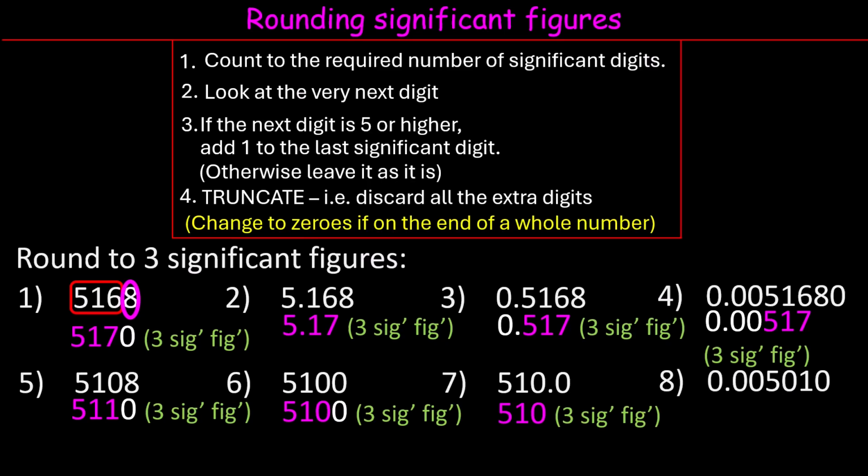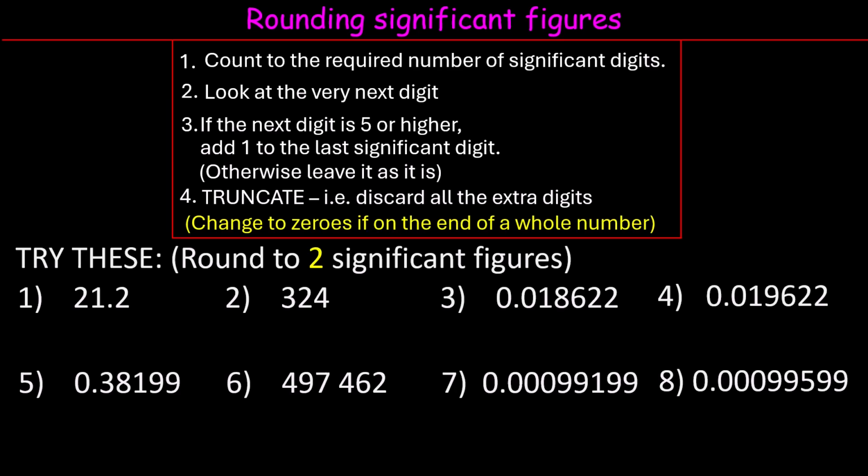In number 7, the 0 after the decimal is the 4th significant figure. Removing it gives us 3 significant figures. Similarly, in our last example, the extra 0 on the end needs to be truncated, leaving these 3 as the significant figures.